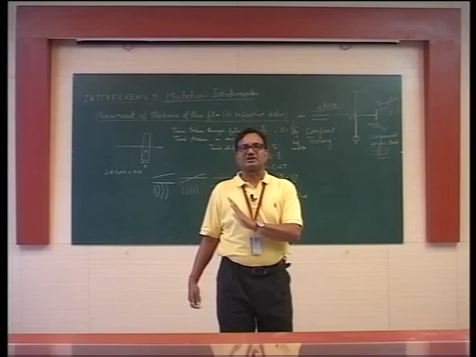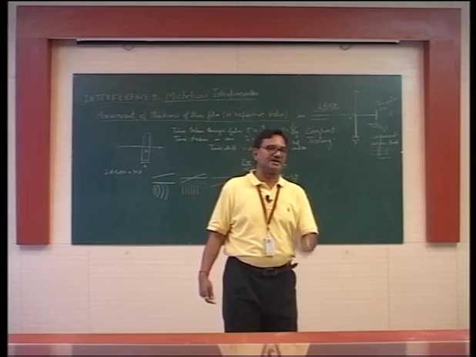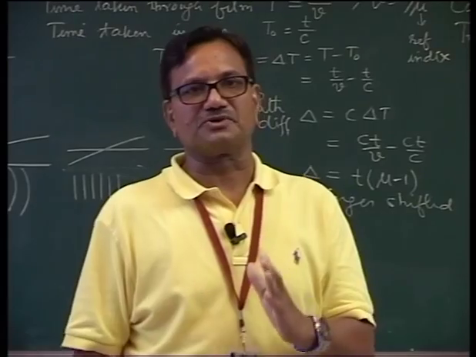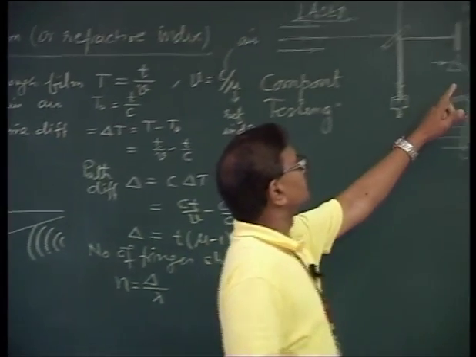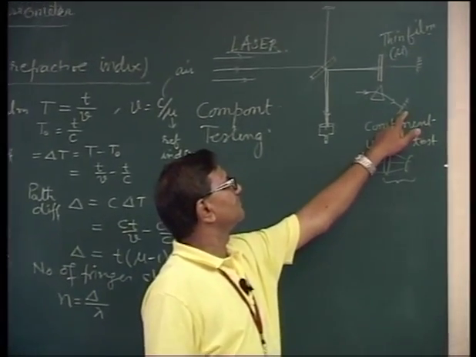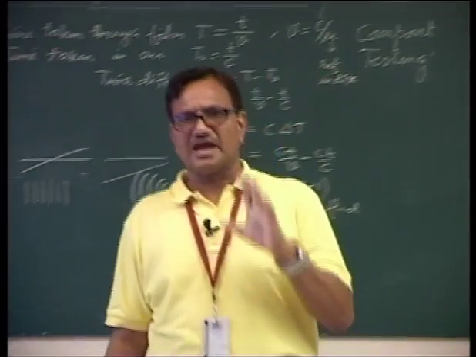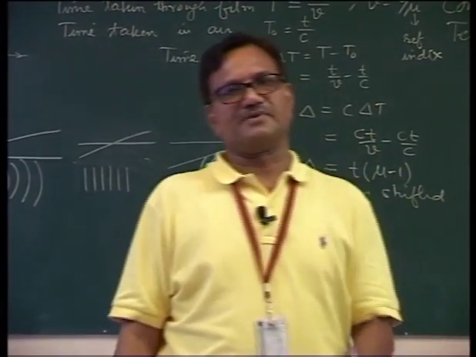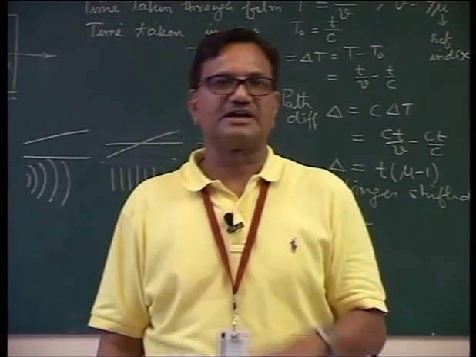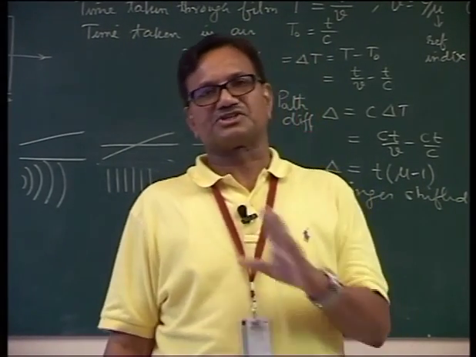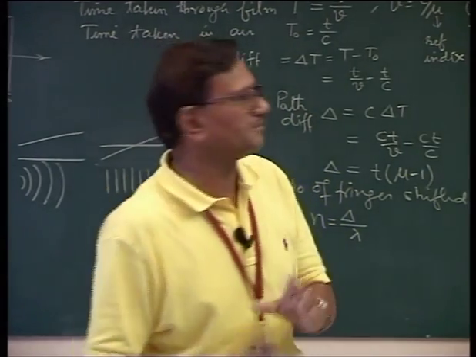If it does not disturb the ring pattern, that means the glass plate is optically plane. Suppose we want to test a prism, then we orient the prism and put another mirror which reflects light normally. If the fringe pattern remains absolutely circular, that means the prism is a perfect prism. If there are distortions, we can find out which surface is not working well. We can identify all three surfaces of the prism.